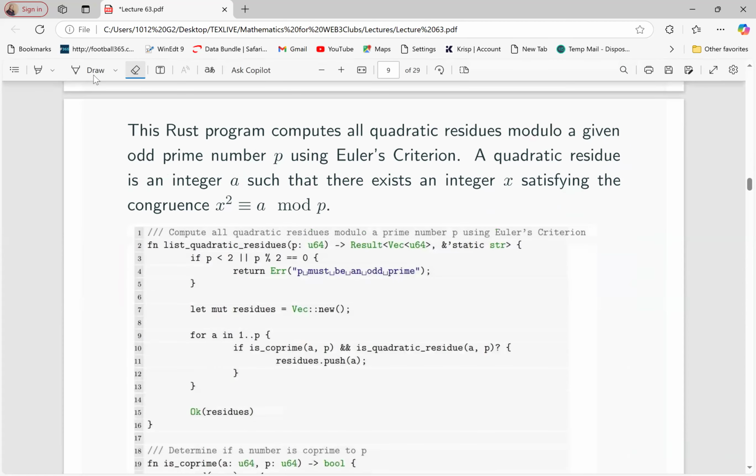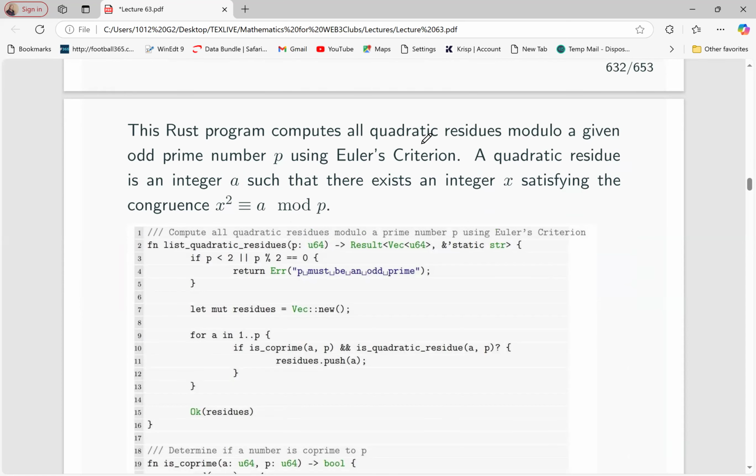I've said this Rust code computes all quadratic residues mod a given odd number, and it uses Euler's criterion. We've seen what Euler's criterion says: if A raised to (P minus 1) divided by 2 is 1, when we are doing it mod P, then this A is a quadratic residue.